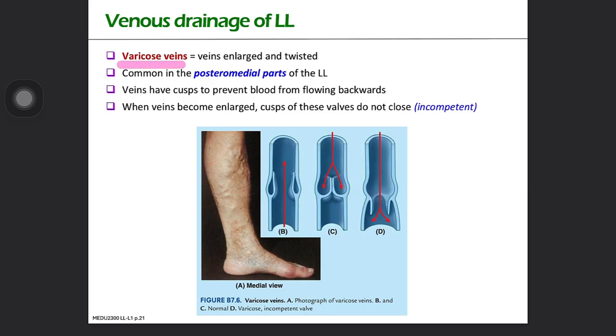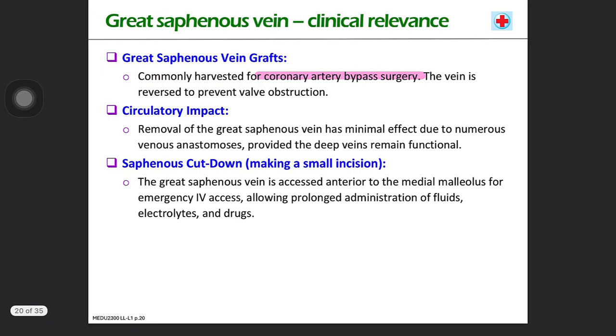If it is uncontrolled, you may have to remove it as well. If needed, some people may also have their own great saphenous vein harvested as a graft for bypass surgery. Okay.